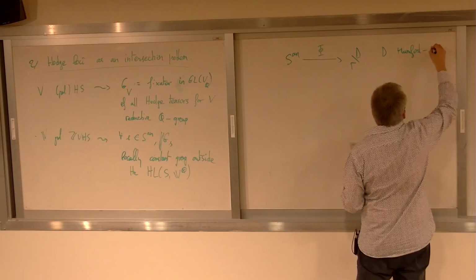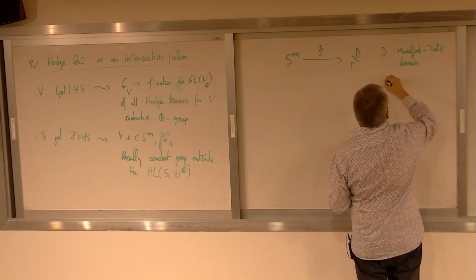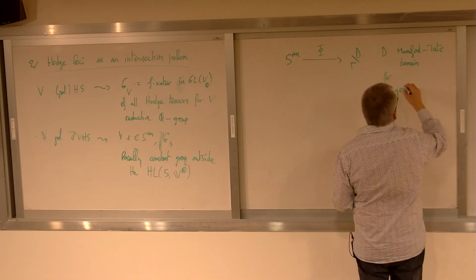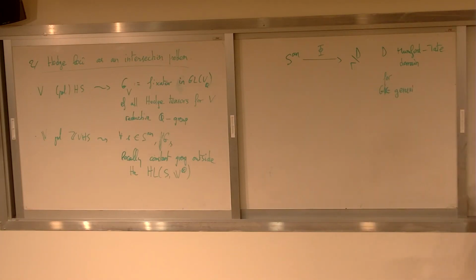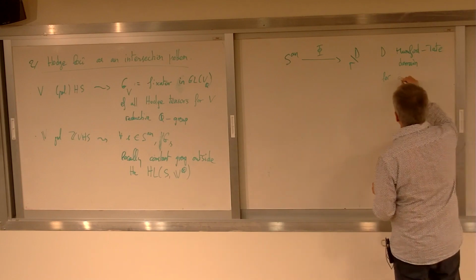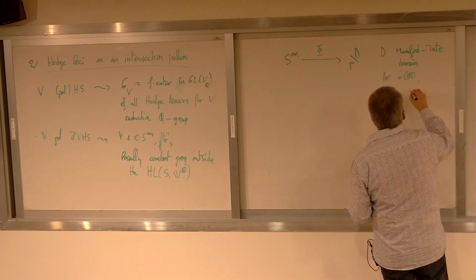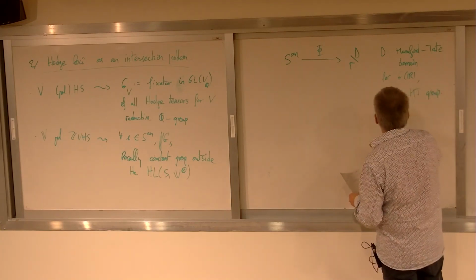You just call it a Hodge domain for G(R), where G is the generic Mumford-Tate group of the variation. And gamma, as usual, is G(Z) in my case.